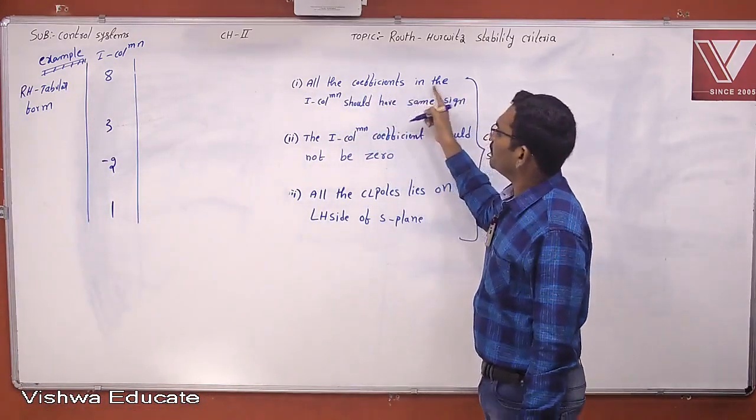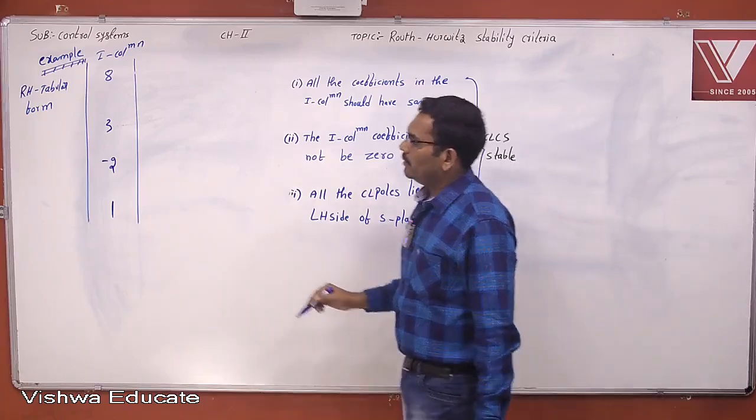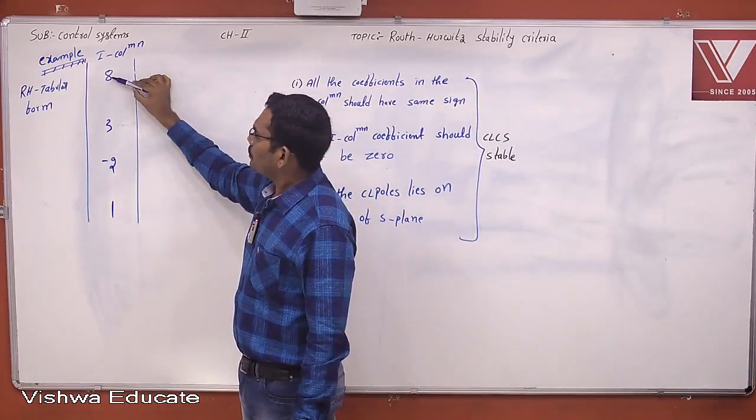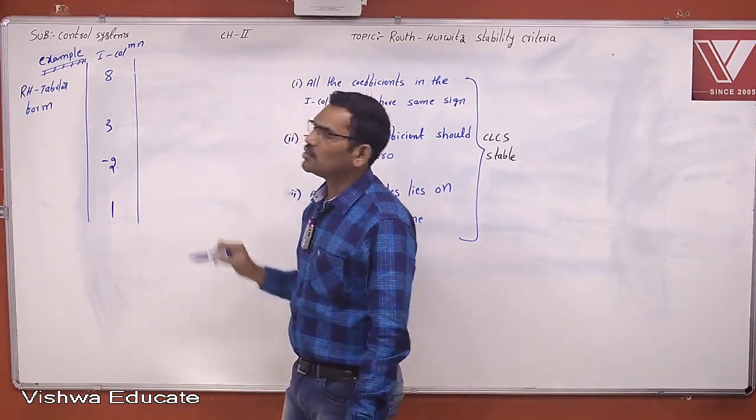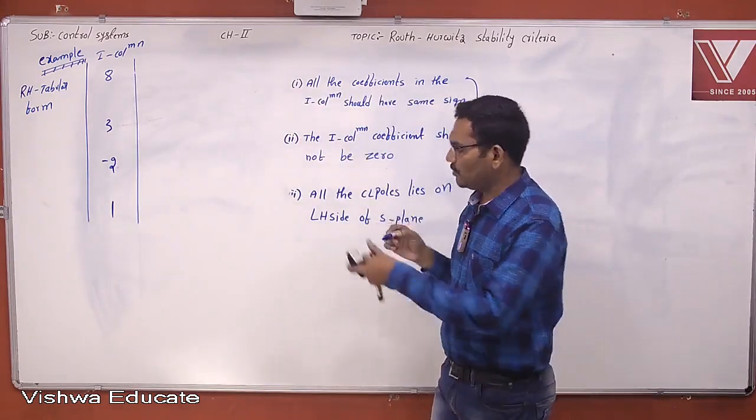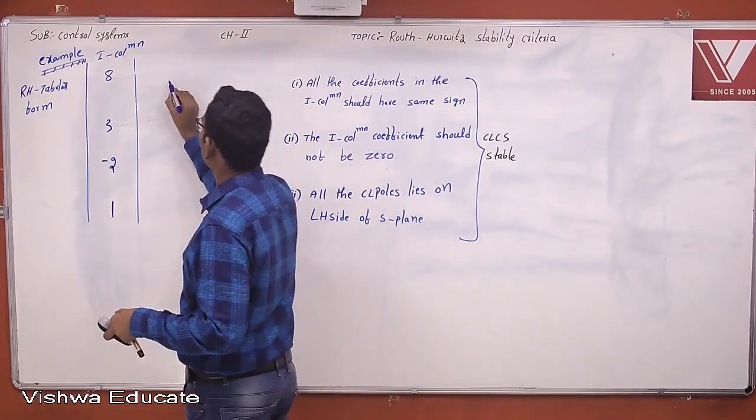All the coefficients in the first column should have the same sign, but this is positive, positive, but this is negative. Now the sign changes, isn't it? Now condition 1 is failed.